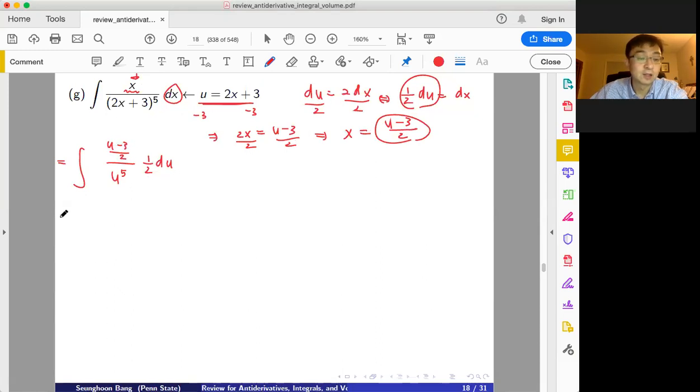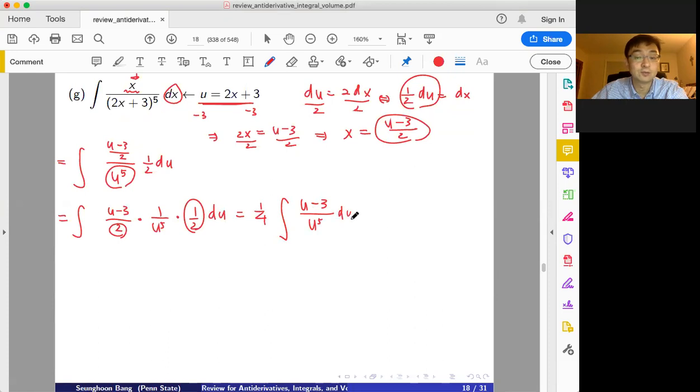So we have u minus 3 over 2. Simplify. The numerator u minus 3 over 2 times the reciprocal 1 over u to the 5 times 1 over 2 du. You can take out the coefficients: 1 over 2 times 1 over 2 is 1 over 4. You combine to get u minus 3 over u to the 5 du. The next step, you have to split: u over u to the 5 minus 3 over u to the 5 du.